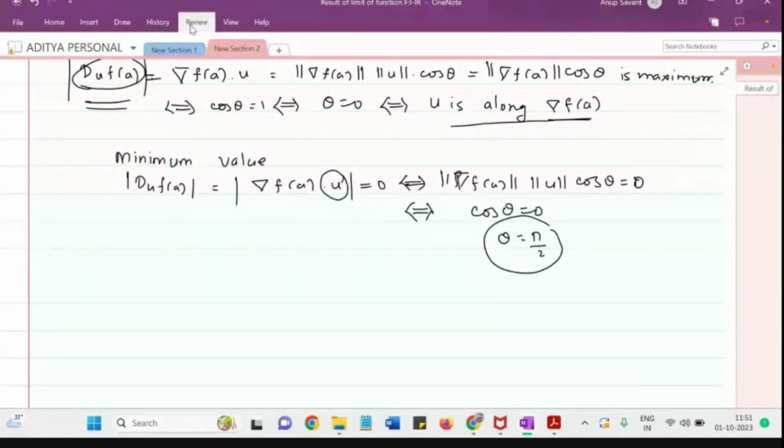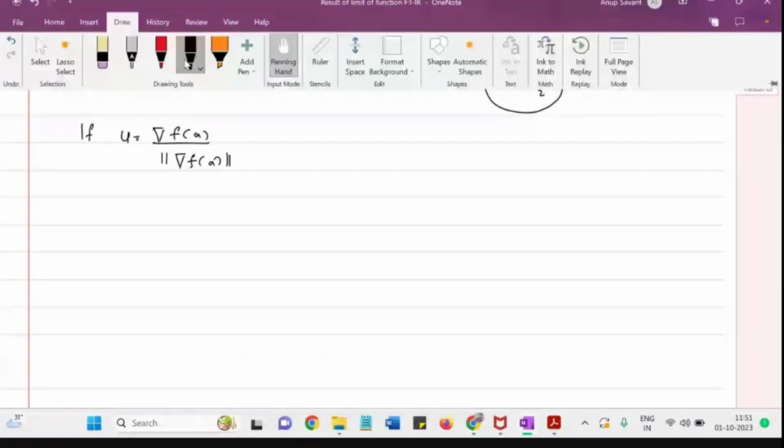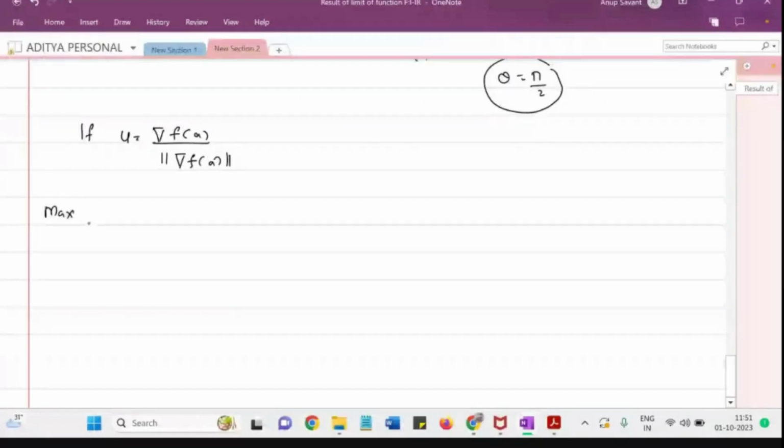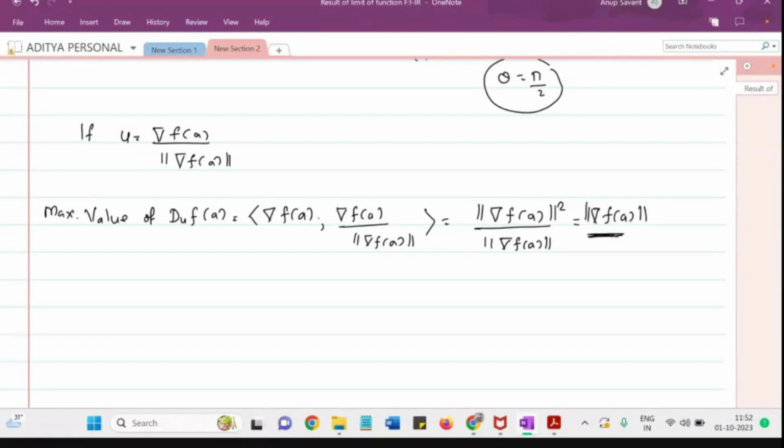So if my u is equal to grad f of A upon norm of grad f of A, when I substitute this in the formula of D_u f, the maximum value of D_u f at A is nothing but the inner product of grad f of A with the unit vector u, which is grad f of A divided by norm of grad f of A. This will simply turn out to be norm of grad f of A squared divided by norm of grad f of A, which is norm of grad f of A. This is the highest value of the directional derivative. Highest directional derivative.